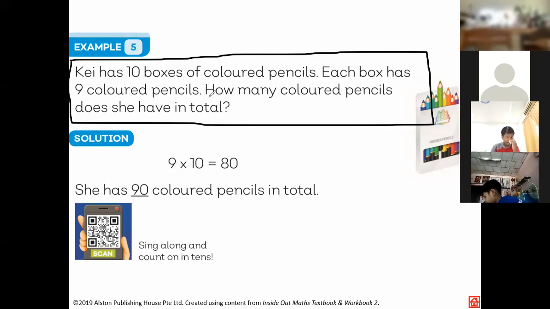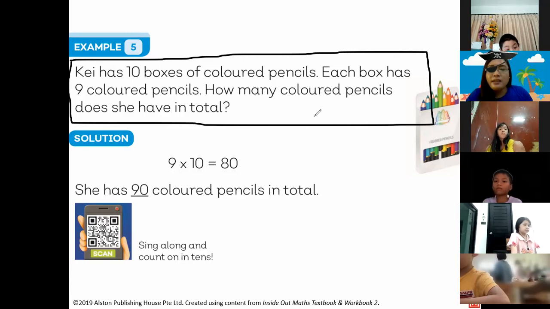How many colored pencils? Okay, very good. Thank you, Nemo.